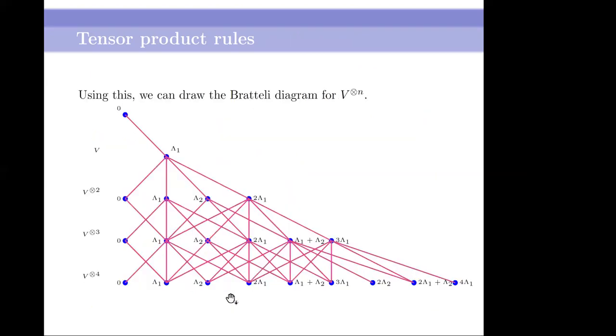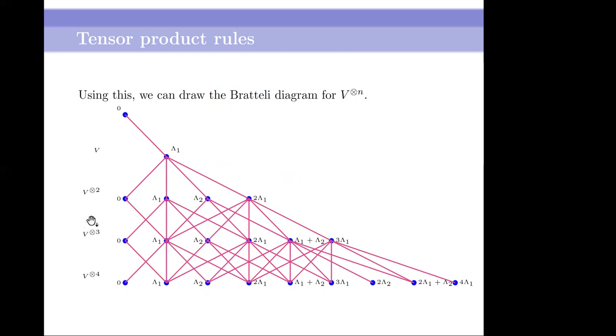Using this, we can draw the braided diagram for V tensor n. V is the 7-dimensional one corresponding to lambda 1, 0 is the trivial representation, and the second power of V decomposes as a direct sum of 4 irreducibles.